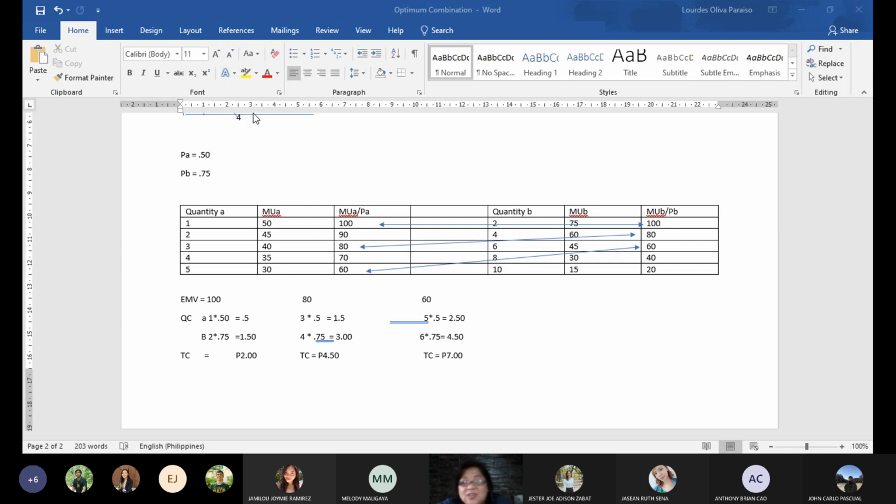I hope you understood it, class. Want some more? Some more question. Okay. 4 pesos and 50 centavos is the cost of what good if you have a budget of 7 pesos?